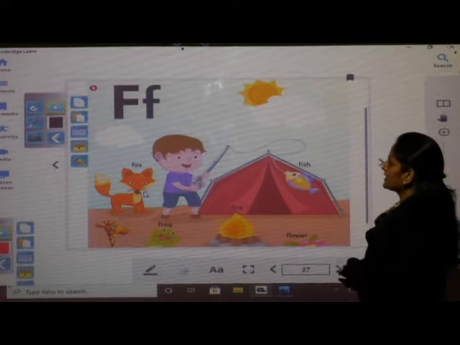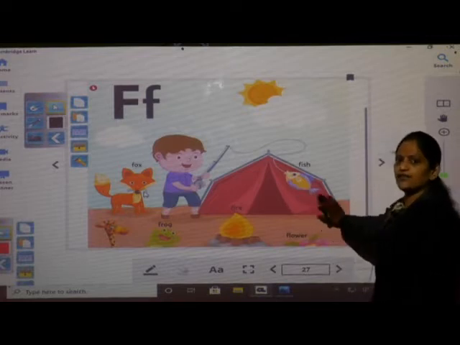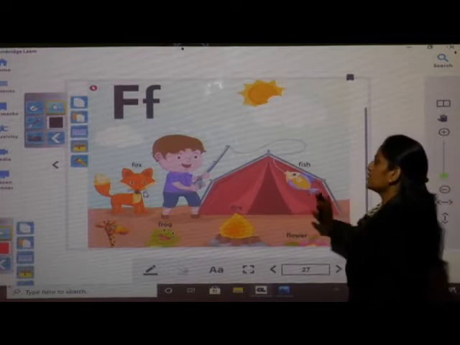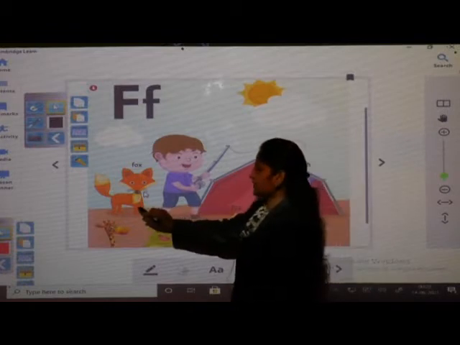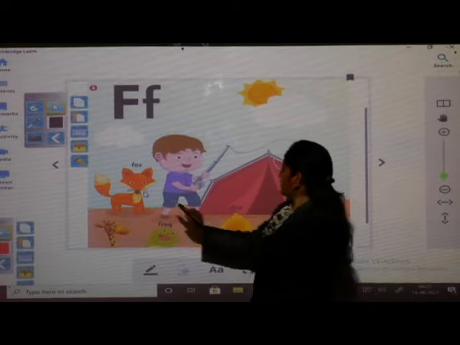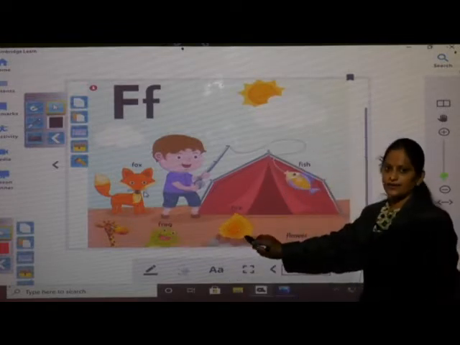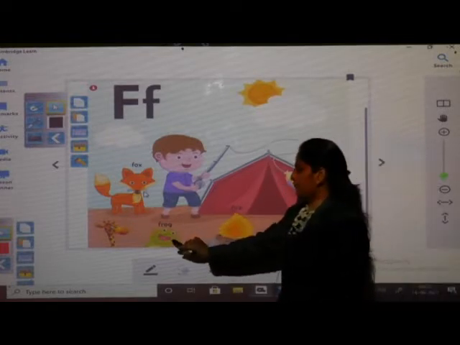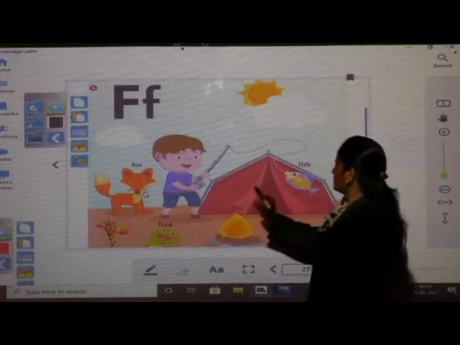Understood? So let us see some pictures which start with letter F. So which picture is this? What is this? F. Fox. F. Fire. F. Frog.